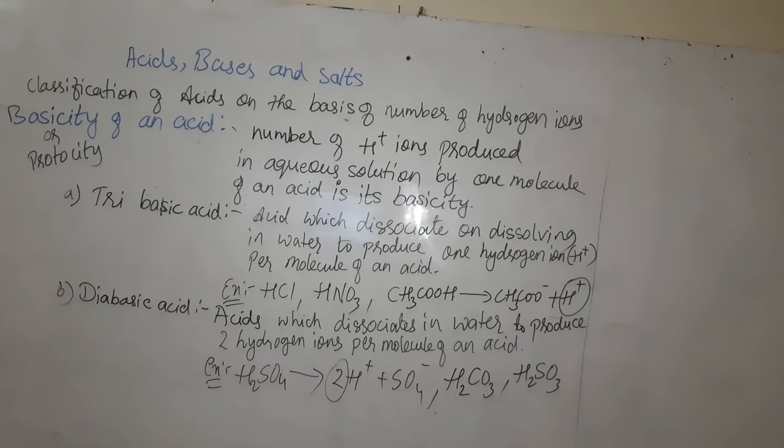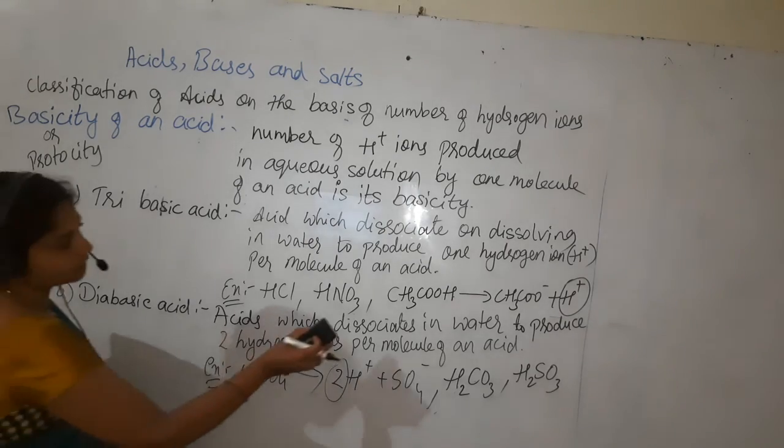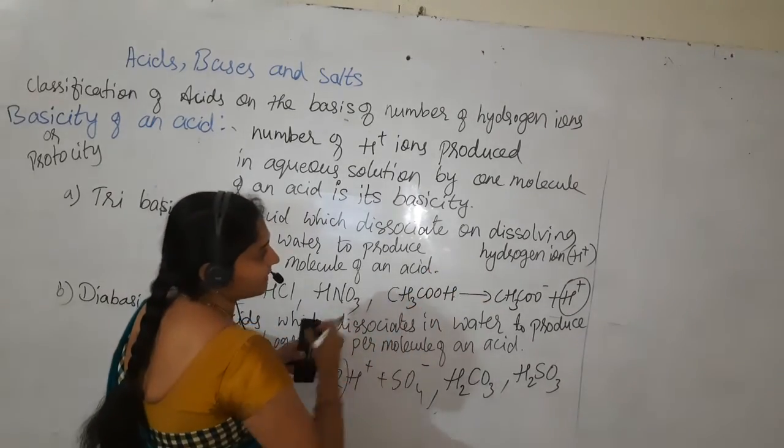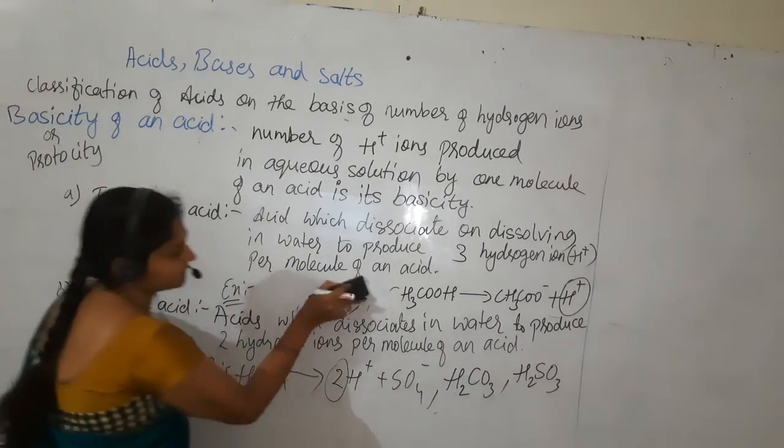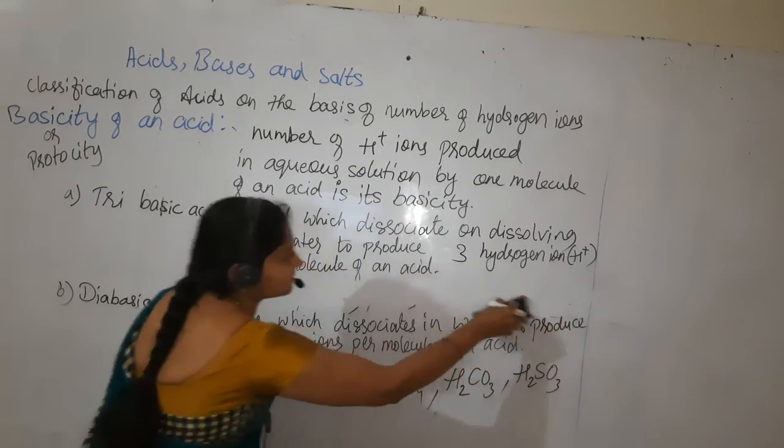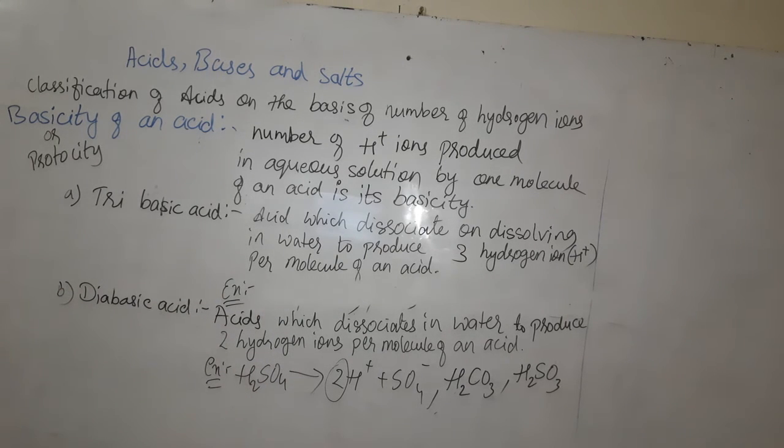Tribasic acid: an acid which dissociates on dissolving in water to produce 3 hydrogen ions per molecule of an acid.